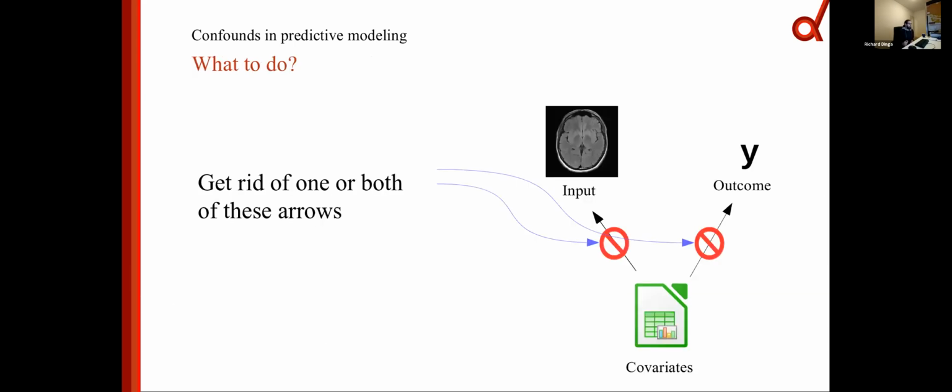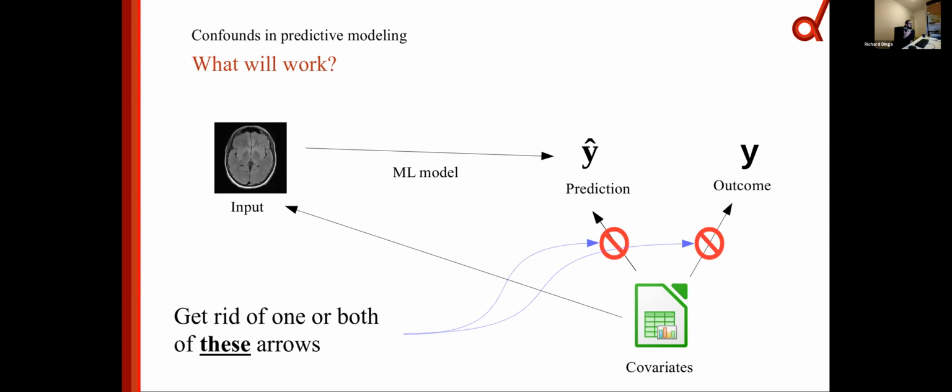So, before, I showed you that one way to deal with the confounds is to remove one or both of these effects. But this is actually a simplified image, and it can be like this. So I don't have to remove the effect of covariates on input variables, which is hard because there are many input variables and it's an image, and there are many ways that the covariates can affect the image.